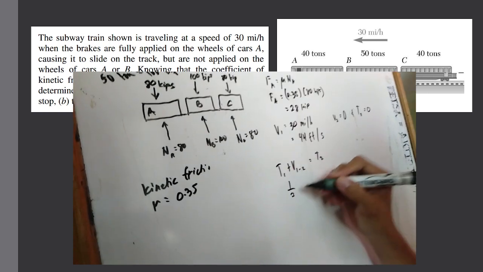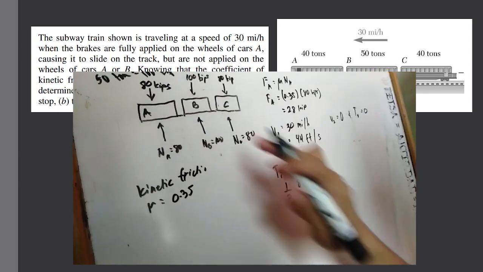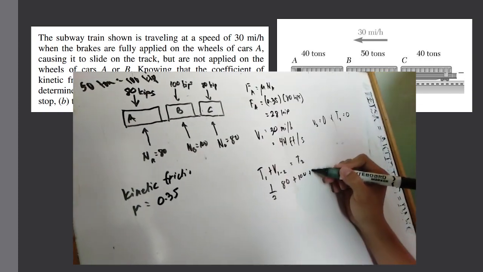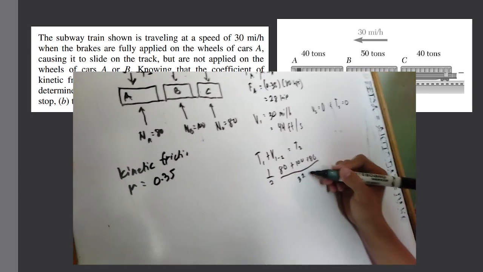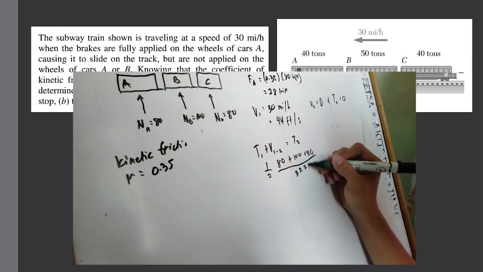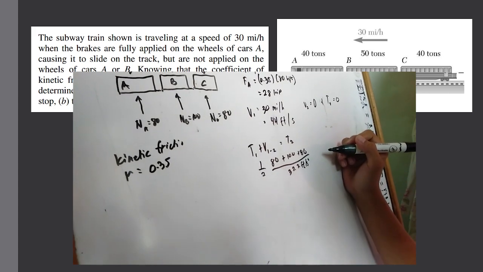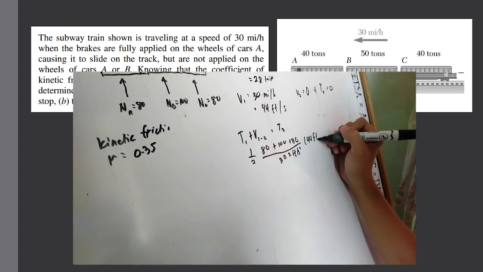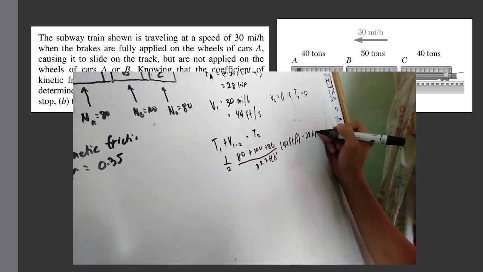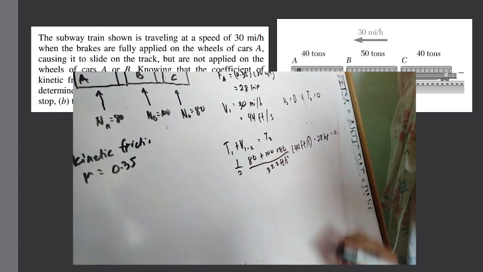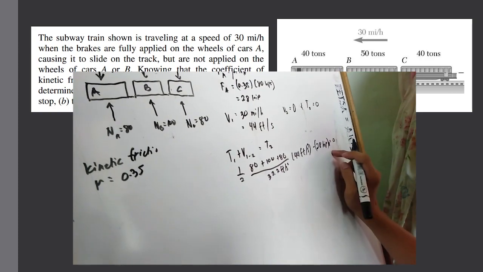One half times 80 kip, 80 plus 100 plus 80 divided by 32.2 feet per second squared, times 44 feet per second squared, minus 28 kip times x is equal to 0. The x here is the distance.